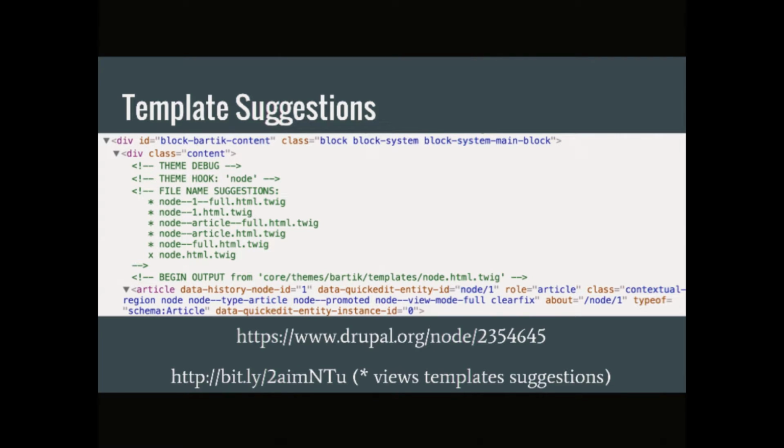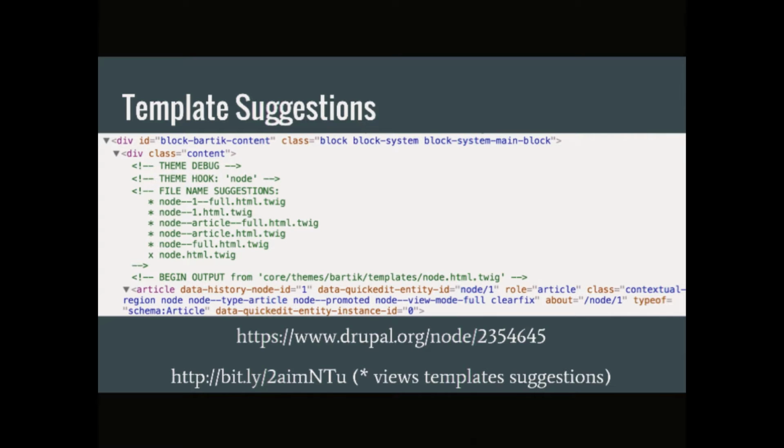So let's say that we want to override the node, but only for a specific content type. The way that it works is it lists all the possible options that could be used, and with an X, it marks the one that is actually being used in this particular case.